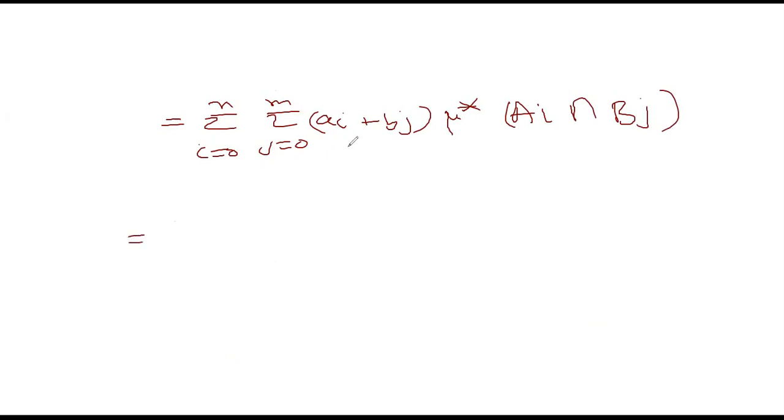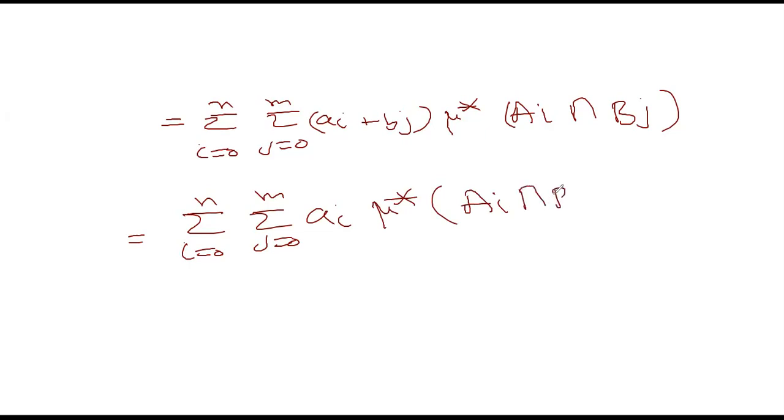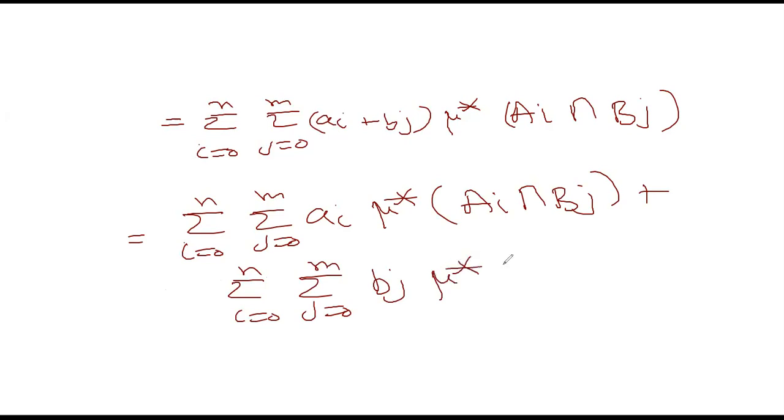So this is equal to, let me take the product here now, it's summation i runs from 0 to n, summation j runs from 0 to m, a_i times mu star of a_i intersection b_j, plus the double sum, summation i runs from 0 to n, summation j runs from 0 to m, b_j times mu star of a_i intersection b_j.